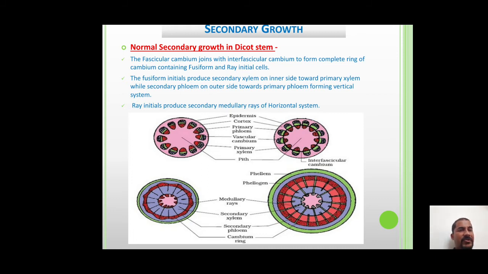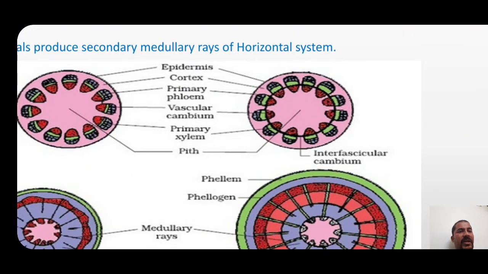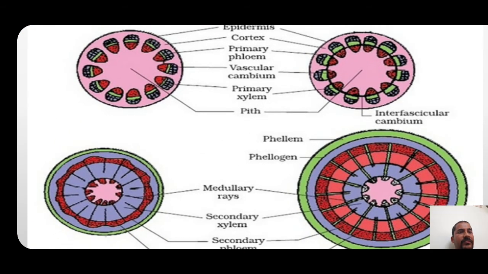In this diagram, the red colored region is secondary xylem, while the green colored patch is secondary phloem in the second diagram.